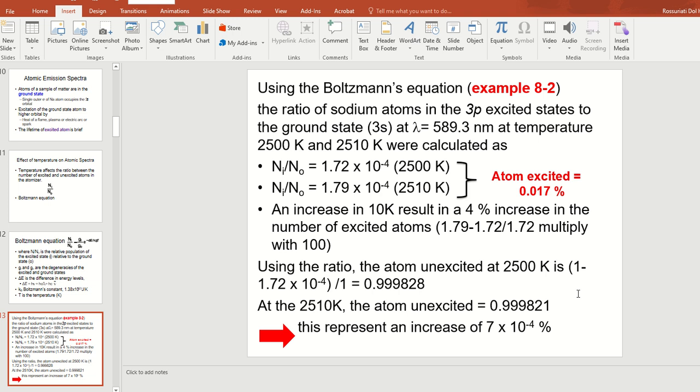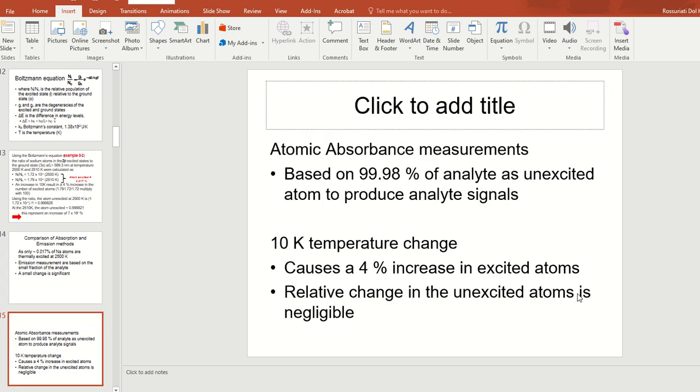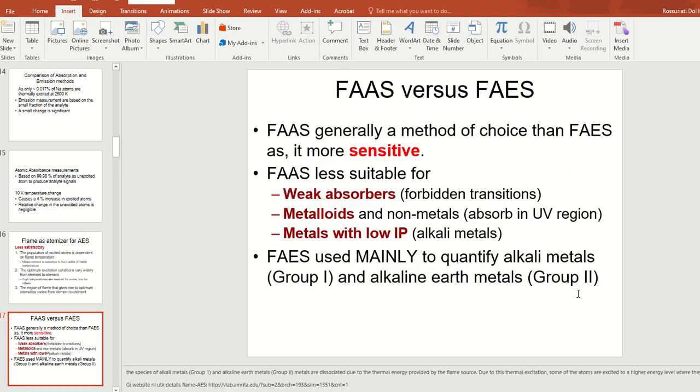And this explains why AAS is preferable for analysis of most elements compared to AES, except when we deal with non-metals, metalloids and alkali metals, or forbidden transition metals.